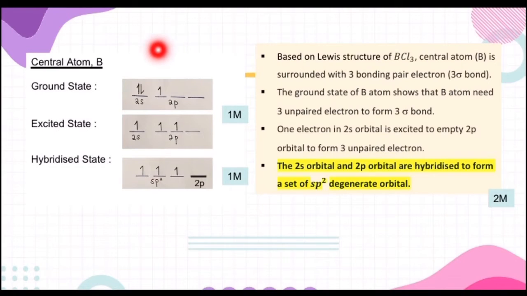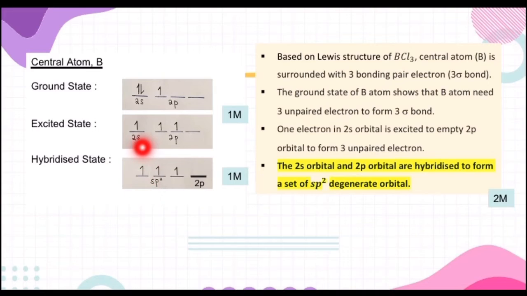Okay, for central atom B, we have to draw the orbital diagram here. So this is the ground state, excited state, and hybridized state. So based on the Lewis structure of boron trichloride, central atom is surrounded with 3 bonding pair electrons. The ground state of B atom shows that B atom needs 3 unpaired electrons to form 3 sigma bond. 1 electron from 2s orbital is excited to empty 2p orbital to form 3 unpaired electrons.